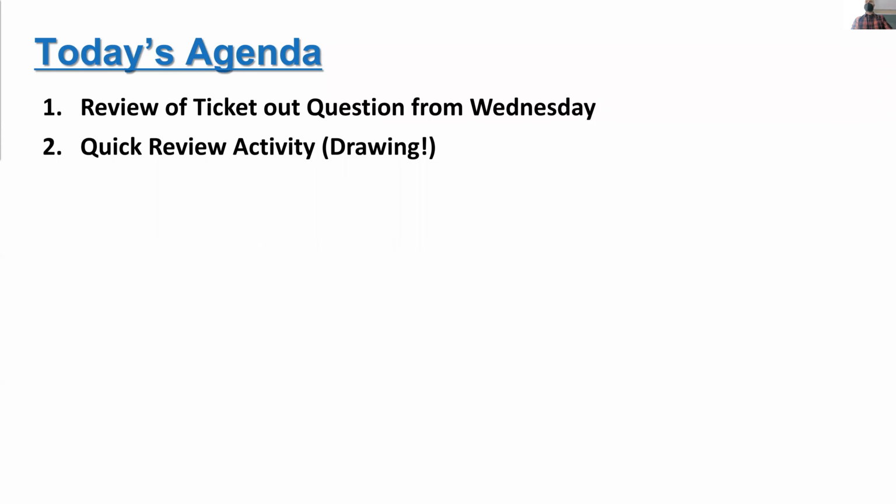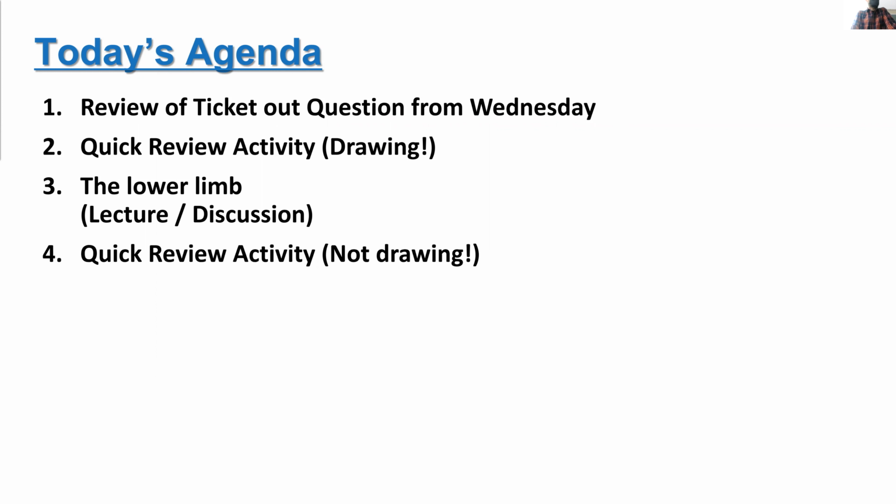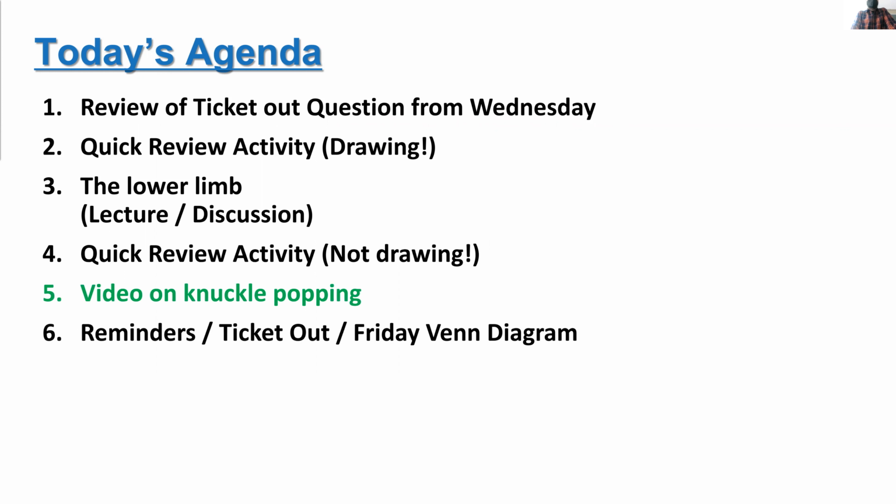As you probably suspected, we're going to continue on with the lower limb today and work through that. Yet another activity to make sure you got stuff. I got a video today on knuckle popping because this question always comes up. There's a nice short video kind of explaining what's going on with that. And then I've got a couple announcements and your Friday Venn diagram to wrap things up. So before we dive into that, what questions do you have?